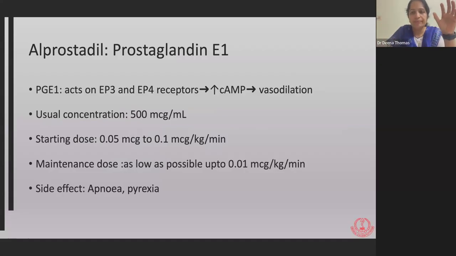That is the starting dose. Then after you have started, if the baby has stabilized, you come down as low as 0.01 microgram per kg per minute. The usual concentration, as somebody had already told, is 500 microgram per ml. Your unit should have a correct policy on how to reconstitute, how to administer, what the dose is, and what the maintenance dose is.